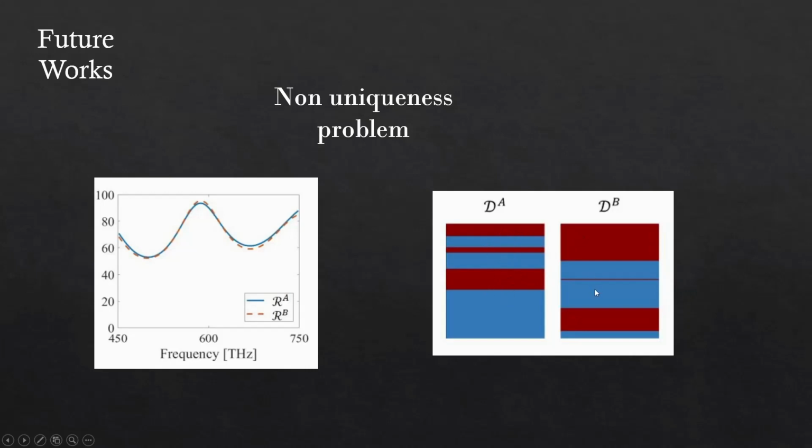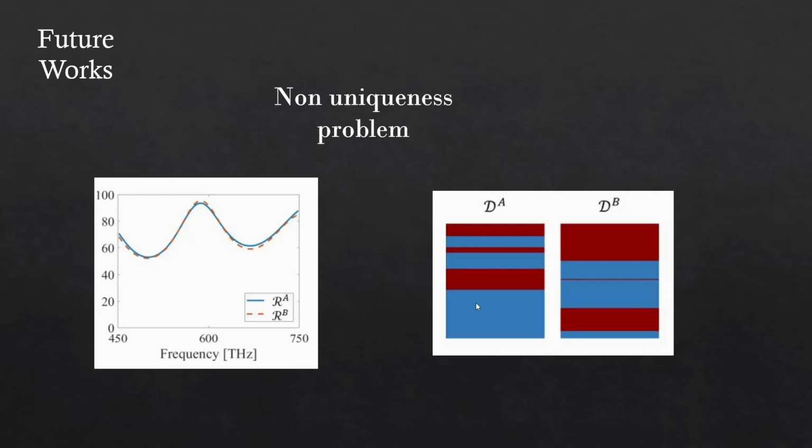Here we have two different structures with different thicknesses of these layers, but both of them produce the same spectra. So if we consider this as the input, for one input we have two outputs. This makes the convergence impossible.